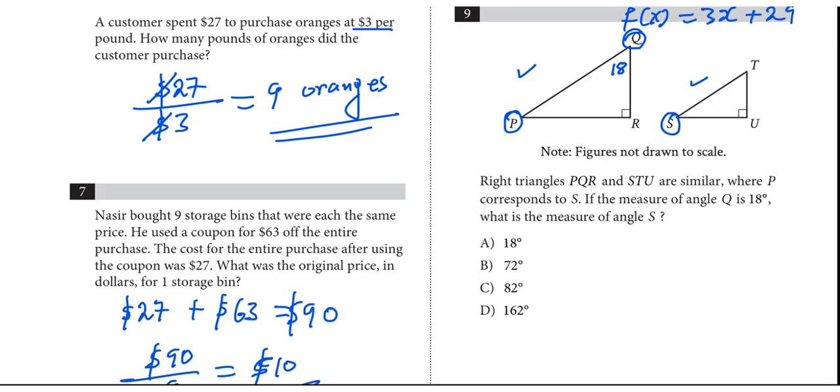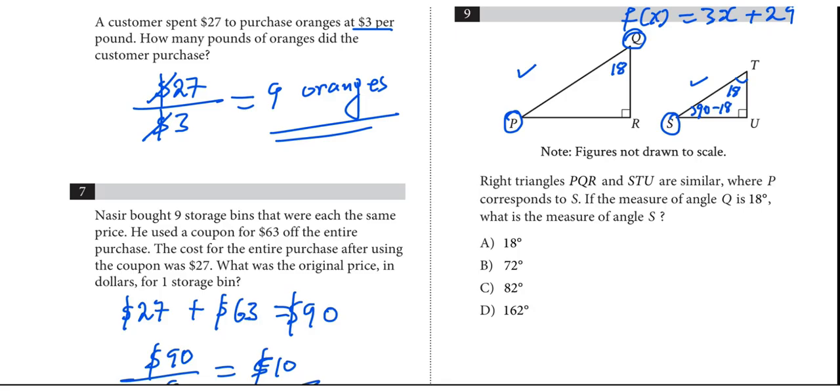So if this is 18, and angle Q corresponds to angle T, so automatically this will be 18, because of similar shapes. The side lengths are proportional, but the angles are congruent, and therefore they are equal. So Q corresponds to T, and automatically S would be 90 minus 18.